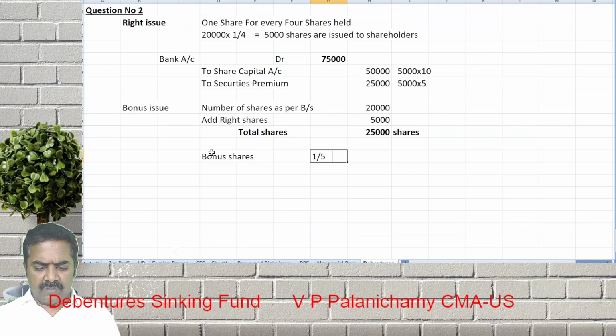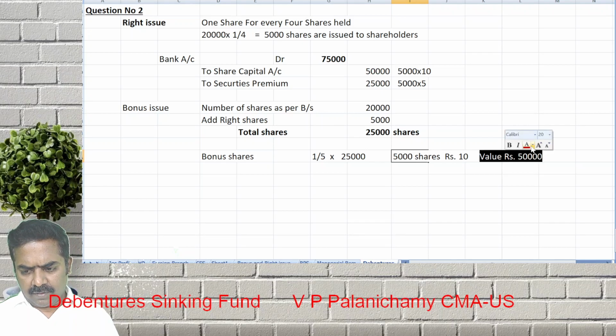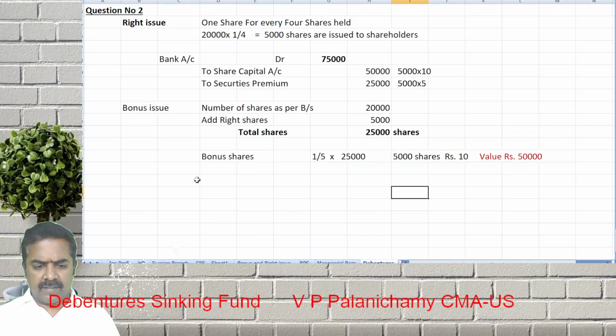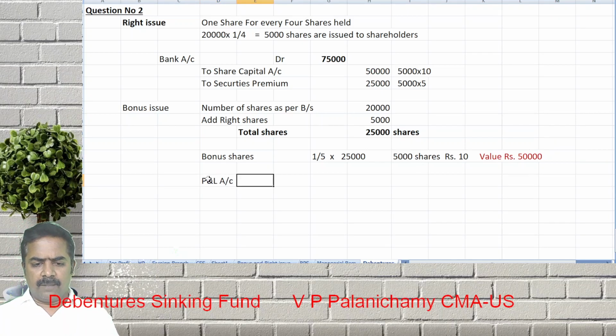So 1 for every 5 shares into 25,000, we have to give how many shares? 5,000 shares. Rupees 10 now. The value will be rupees how much? 50,000. From where can the bonus issue be made? You can take it from P&L account. We have already passed such journal entries.